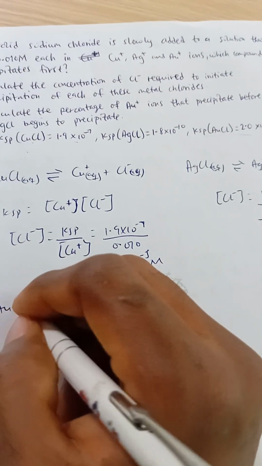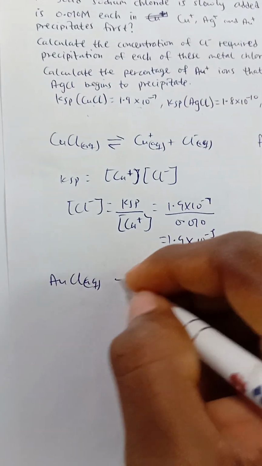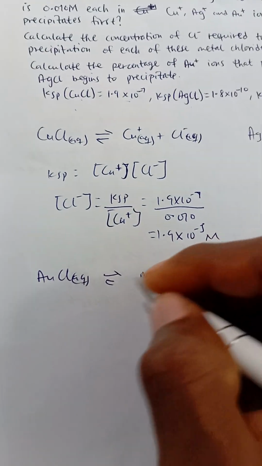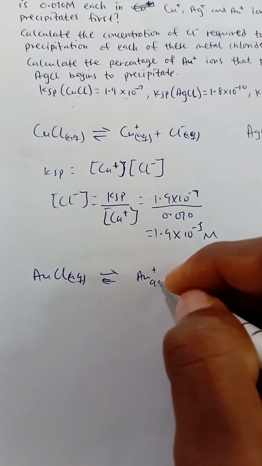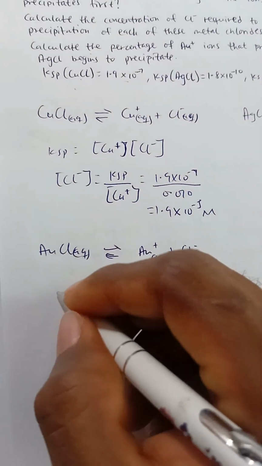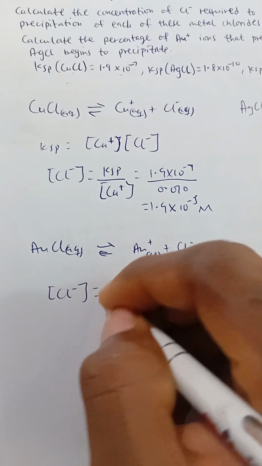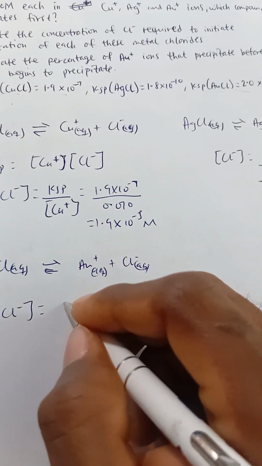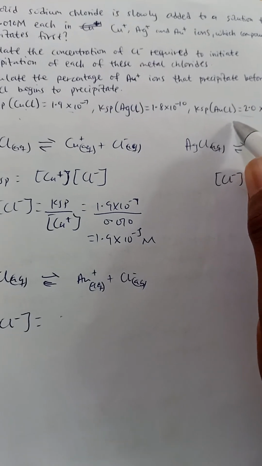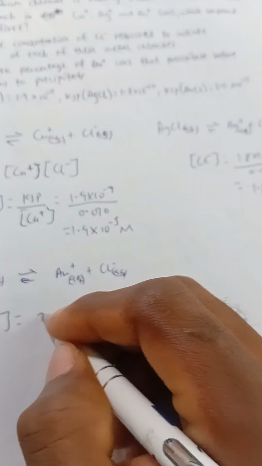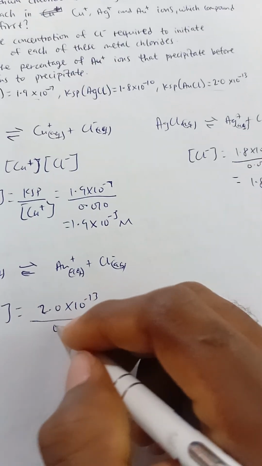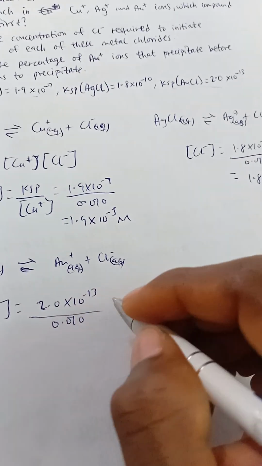And for the last one, the gold, we can get the concentration of Cl- to still be the Ksp for gold 1 chloride over the concentration of gold, 0.010.